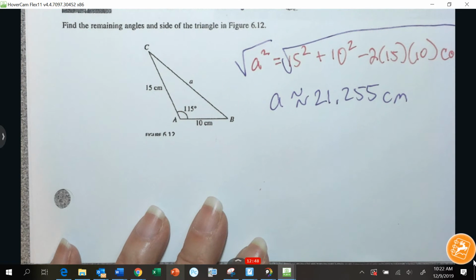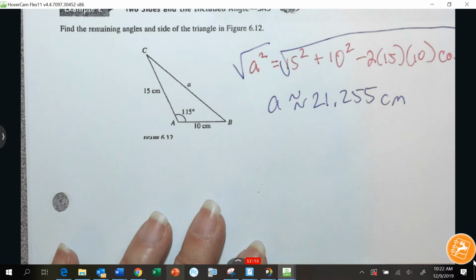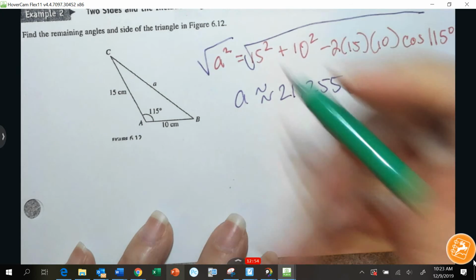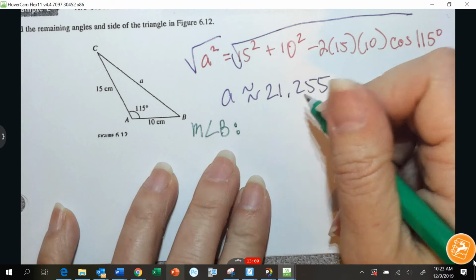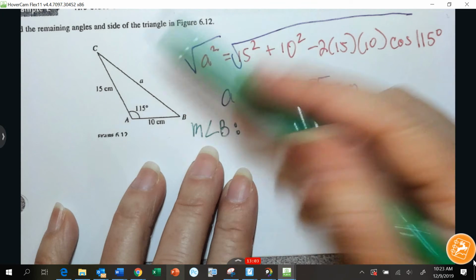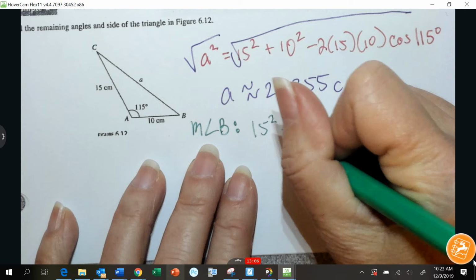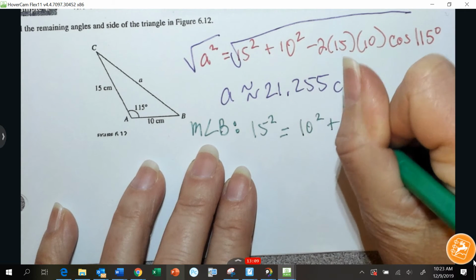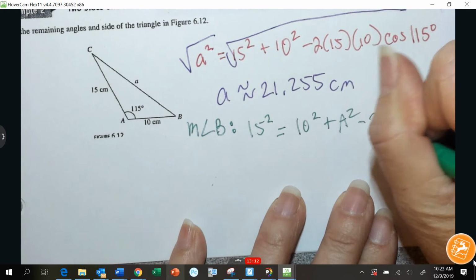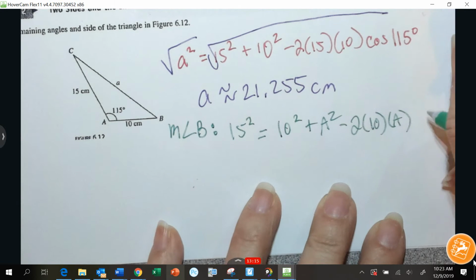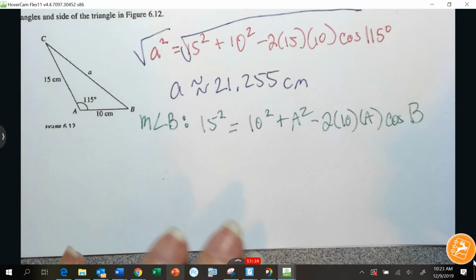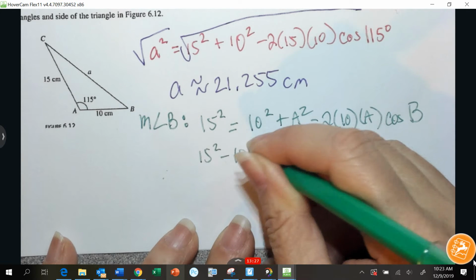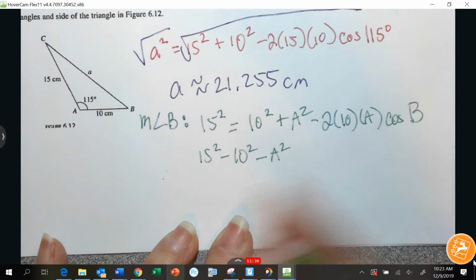Which angle would you like to find? Anybody? B? Okay. So to find measurement of angle B, we're going to use the side opposite of B, 15 squared, equals 10 squared plus A squared minus 2 times 10 times A cosine, I don't know B. So if I solve that, I'll have 15 squared minus 10 squared minus A squared, which A is typed in the calculator.